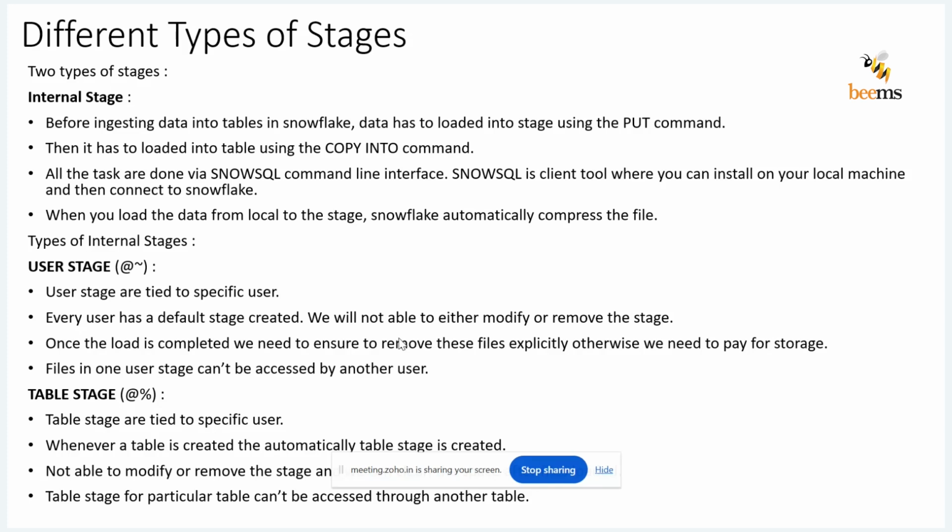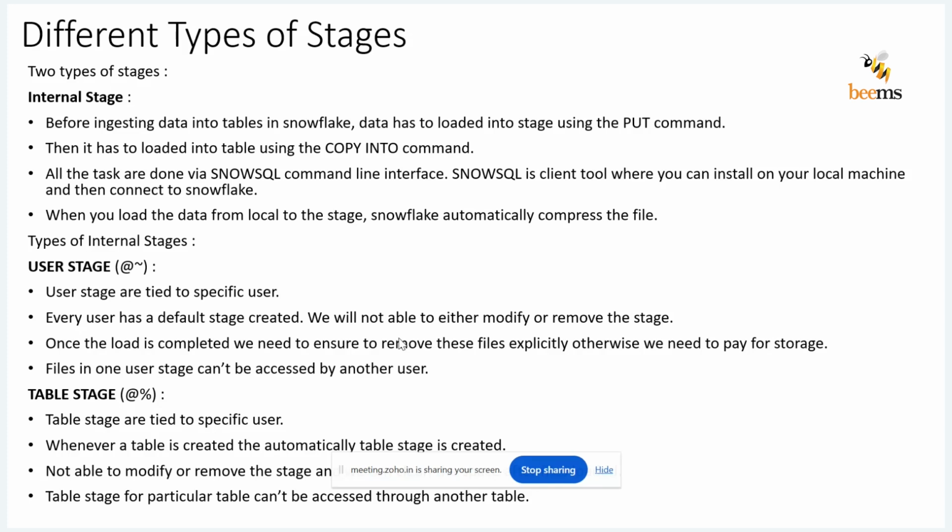Internal stage also has three types: user stage, table stage, and named stage. So what's the main difference between these? The user stage is a stage basically for each user, for a specific user. Like you are a user of a Snowflake account and you have your user stage.